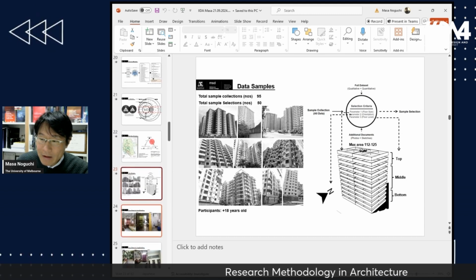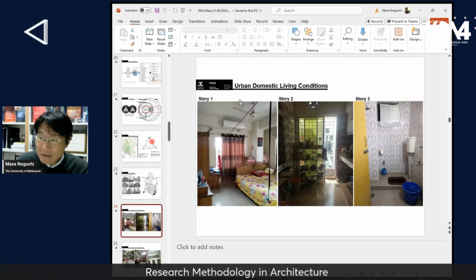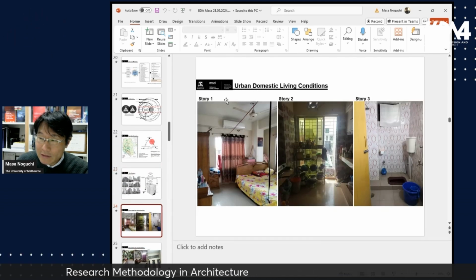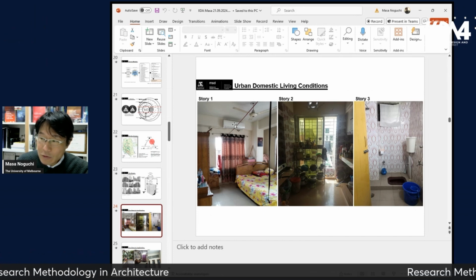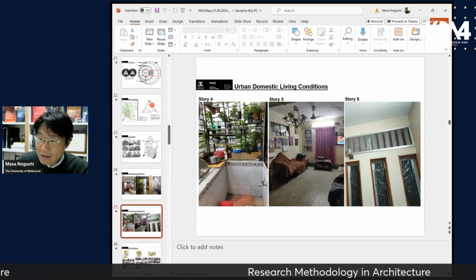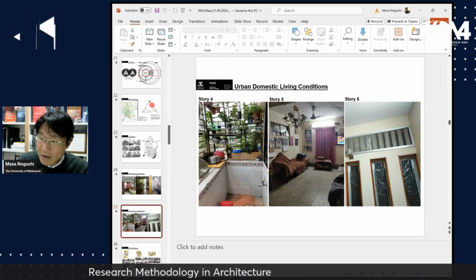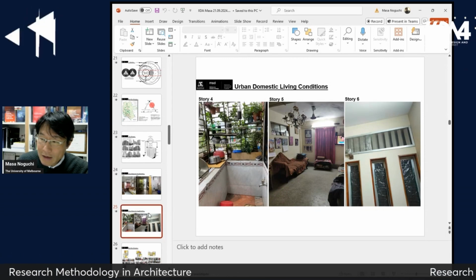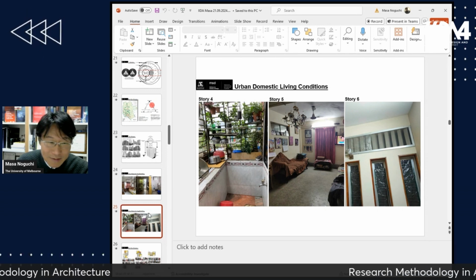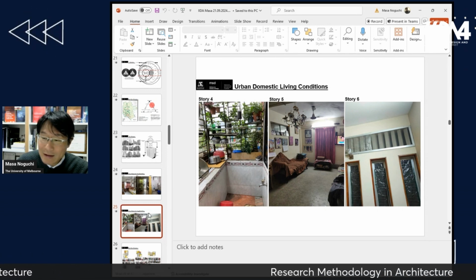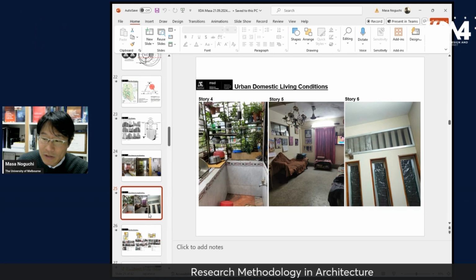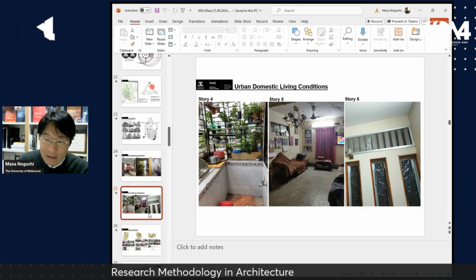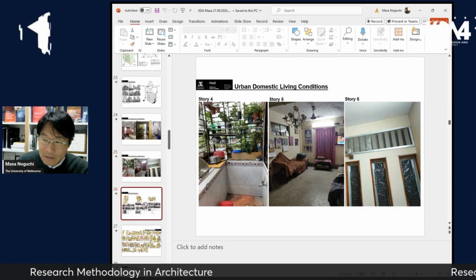Okay? And this is the height: first story, second story, third story, fourth story, fifth story, and sixth story. Each story has a different context. So he already mentioned to you, not only height, but also orientations.